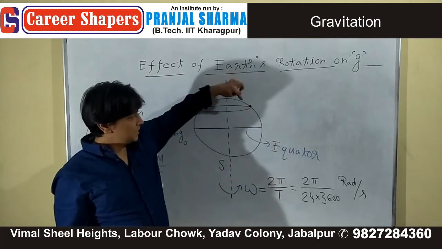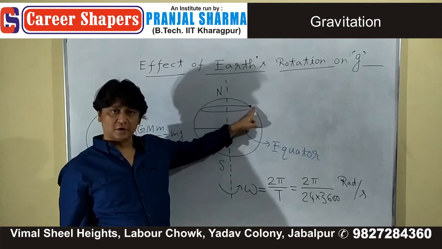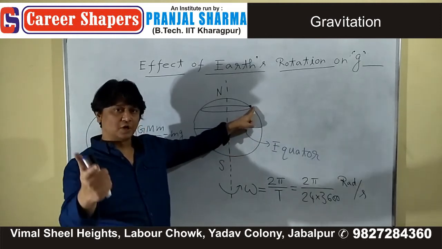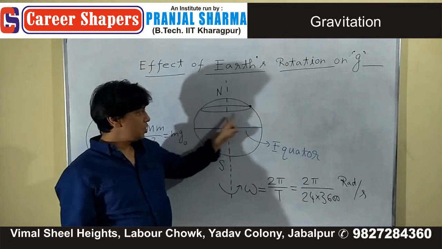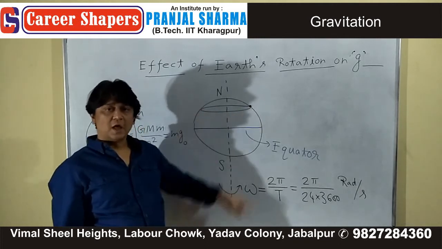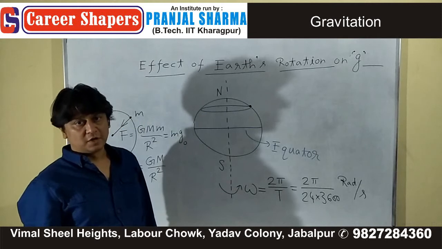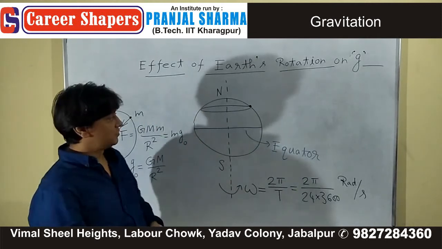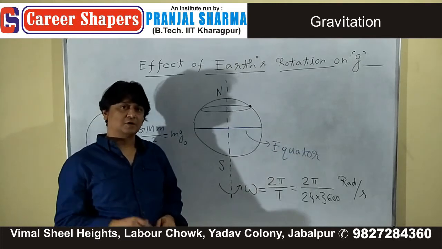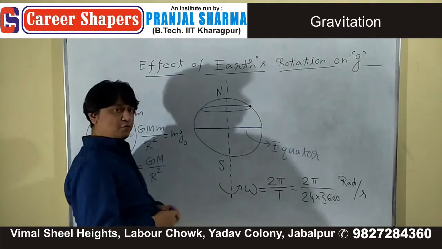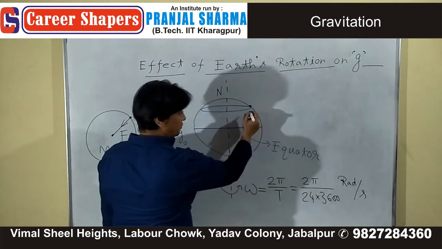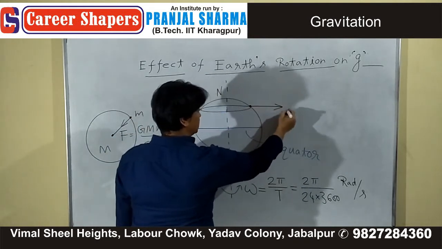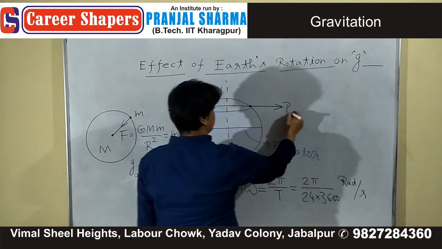Therefore, let's say you are standing at this point. If you are standing at this point, then as an observer, you are a non-inertial observer. And a non-inertial observer, to convert himself into an inertial observer, must apply a pseudo force. If you remember direction of that pseudo force, that direction of pseudo force is this. This is your pseudo force.